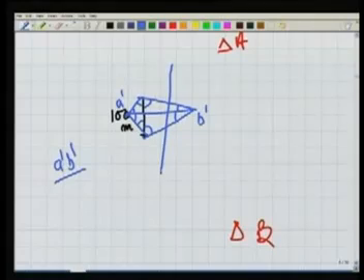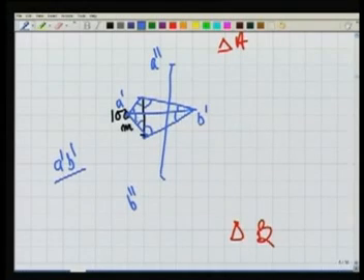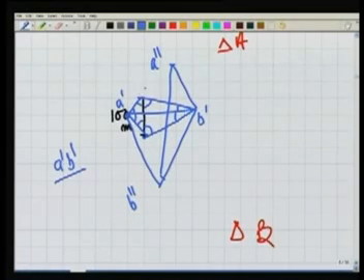Then further I establish 2 more points. Let us say it is A double dash and B double dash, and then I join this A dash B dash to A double dash B double dash, and again using the theodolite I measure the angles here.